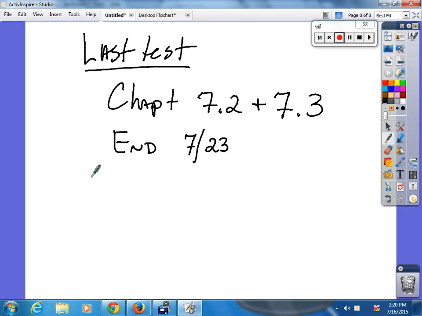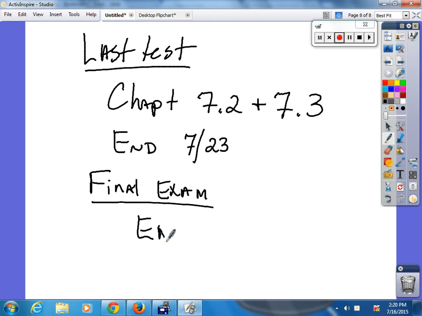Your final exam will end on 7/23. If you notice, I put 5 p.m. Why? Because my department head wants grades in before dark that night, so she doesn't have to worry about them at 8 o'clock in the morning.